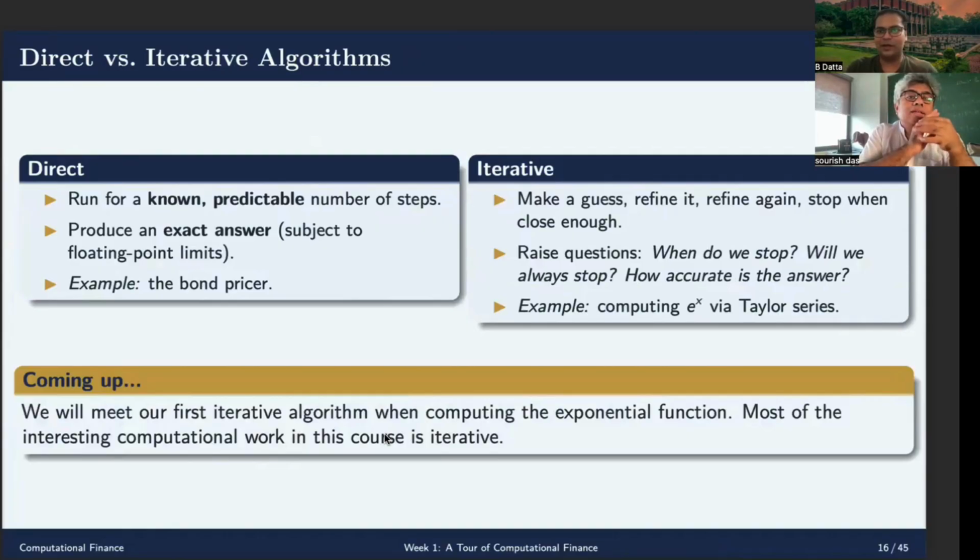So you said direct is one way. Are there things that we'll be seeing which are not direct? Yes. Another is the iterative algorithm. Iterative algorithms make a guess and then refine the guess, and stop when they get into close proximity of the answer. Then the question always arises: when do we stop, and how accurate are the answers?